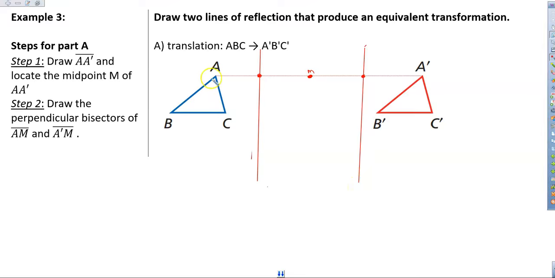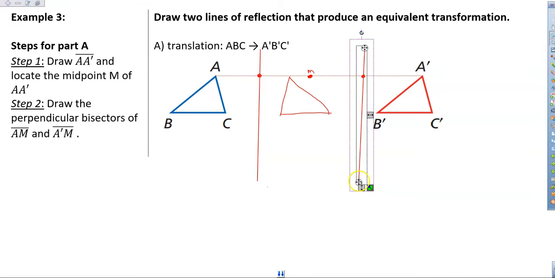So what'll happen is when I reflect this, it will go this way, and then it flips back. So you're going to draw the segment, find the midpoint, then find the midpoint of each half, and draw the perpendicular lines through those. This one's not very perpendicular, so make sure they are a nice 90-degree angle.